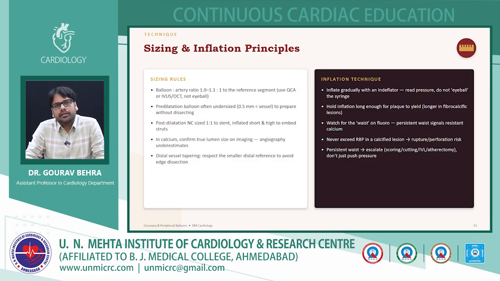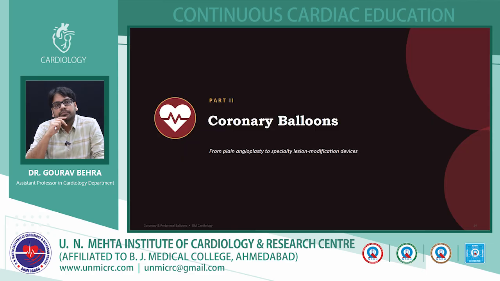I will come to that. But don't jump to higher pressure. Like if you're pushing a 3.5 balloon to 20 to 24 atmospheres and the waist is still there, then you need to intervene with something else. You have to do OPN or you have to do IVL. That will come later on.